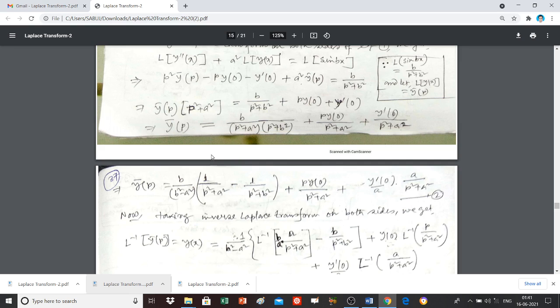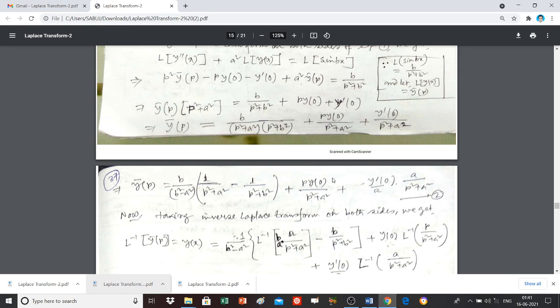The other two terms are written here unaltered. So this is equation number 2.